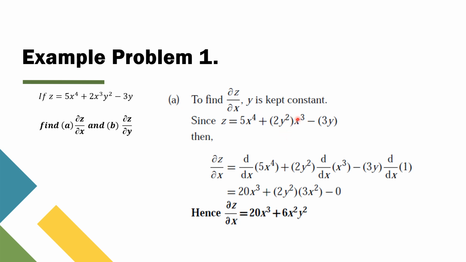That is why we moved y squared beside 2, because this will now be kept as constant. And we have minus 3y.